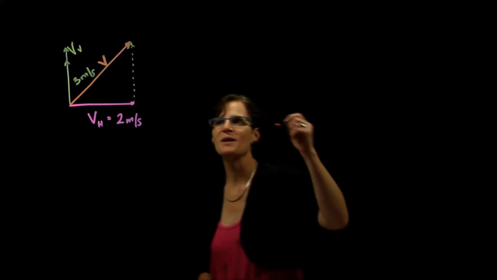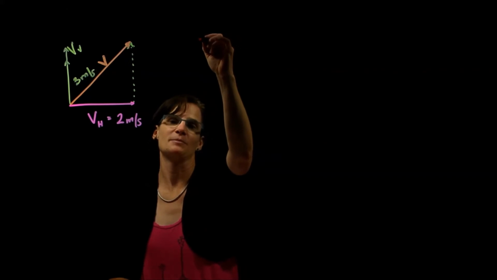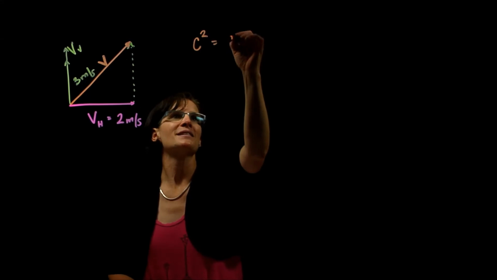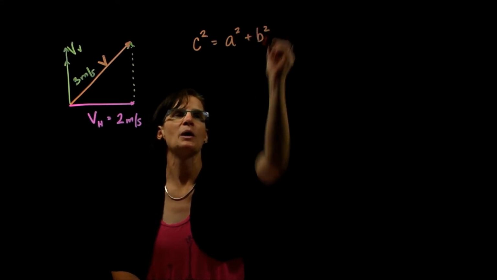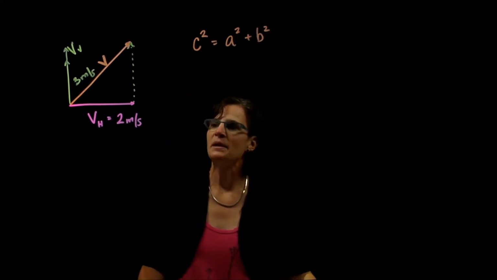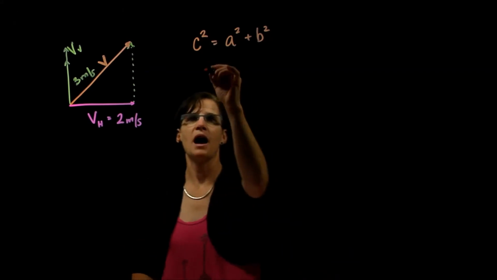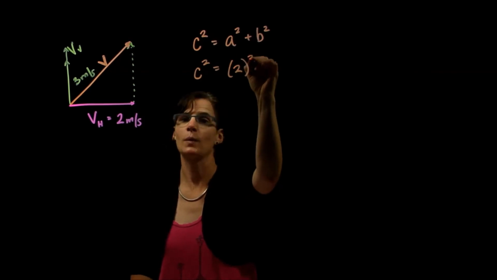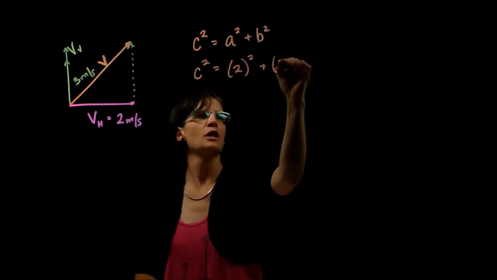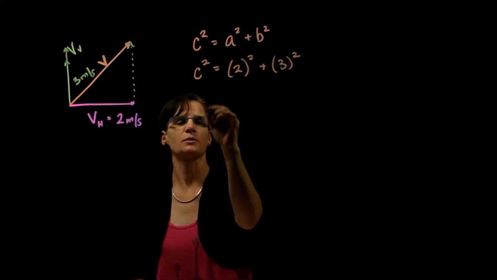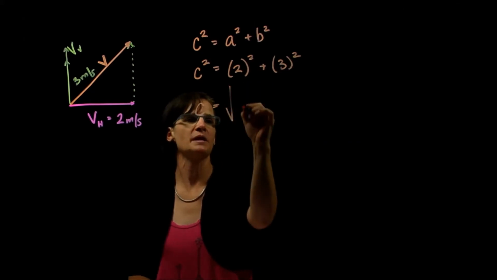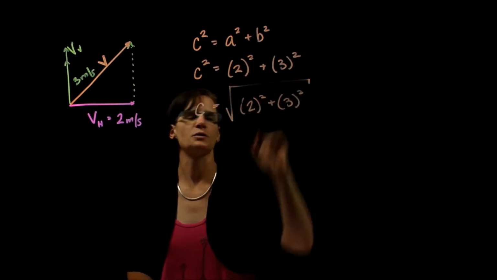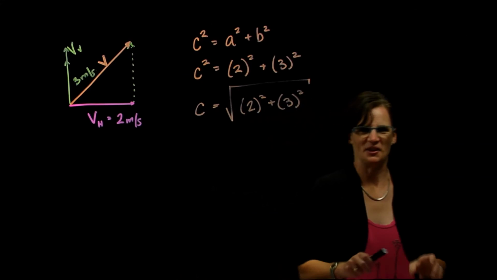As a reminder, Pythagorean Theorem says that c squared, where c represents the hypotenuse, is equal to a squared plus b squared, where a and b represent the two sides. So if a is 2 and my other side is 3, I take the square root, and my hypotenuse becomes the square root of 2 squared plus 3 squared.